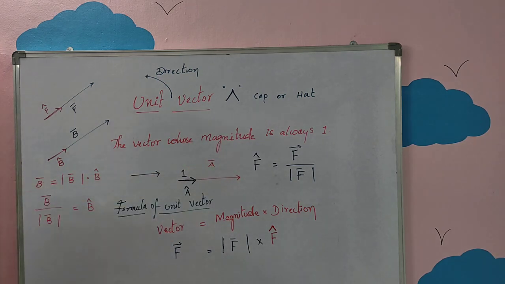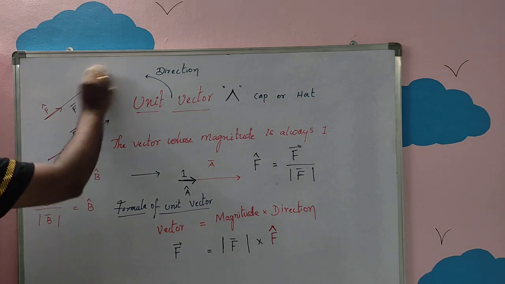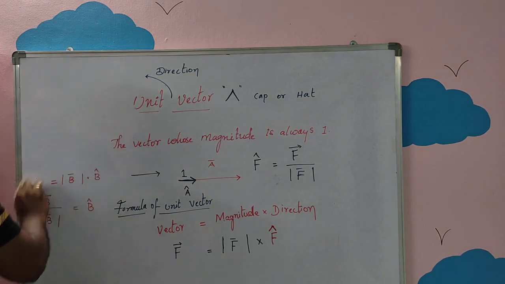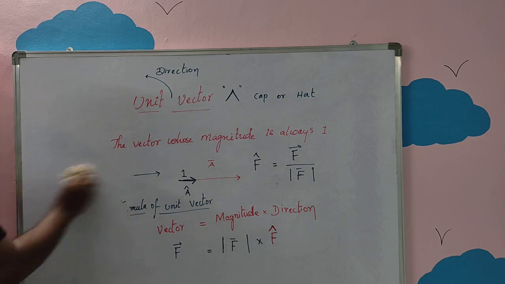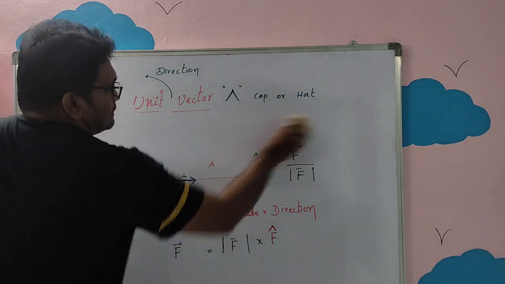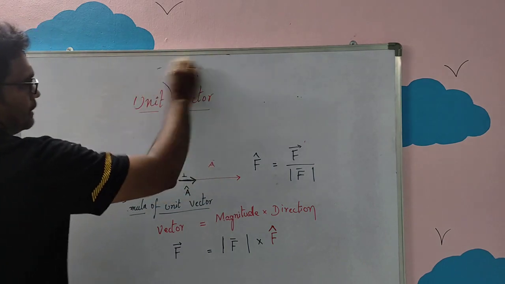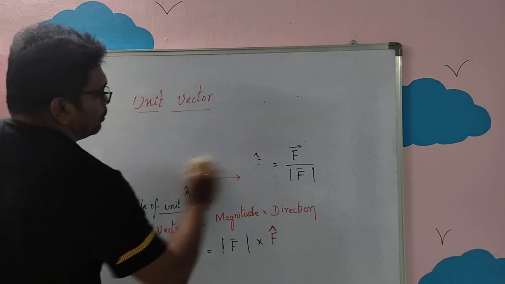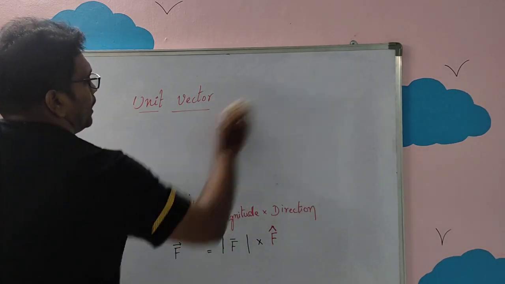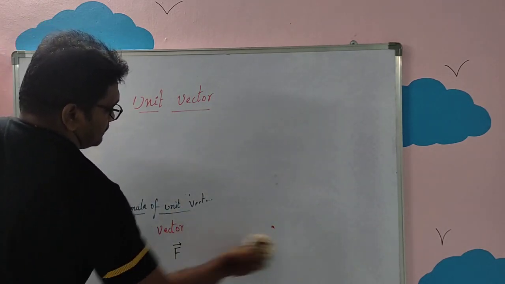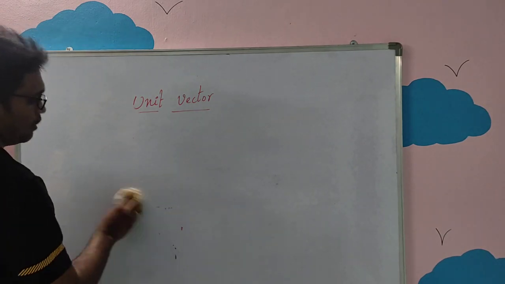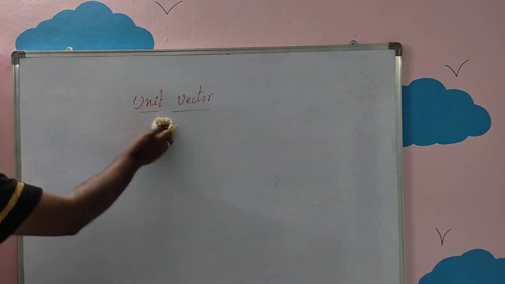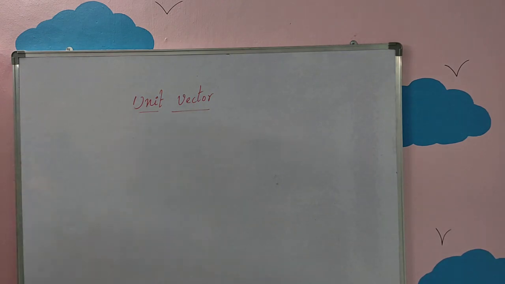Clear? Now we will represent the unit vectors in the Cartesian form. In the Cartesian form we will discuss the unit vectors. The X, Y, Z axis system is the Cartesian coordinate system normally, but here we will take only a plane, which means the XY axis system or any two axis system, or you can directly take a three axis system also.